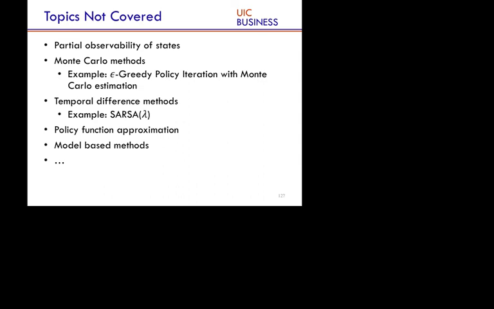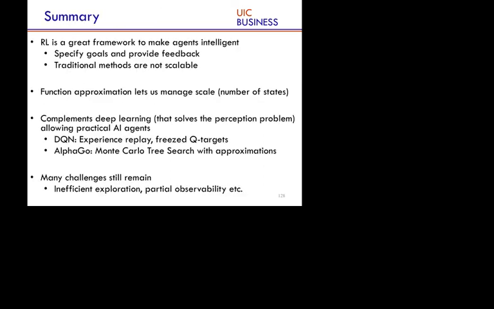Even SARSA is a model-free method, but there are model-based methods, which just means that through experience they reconstruct the model of the environment. They will reconstruct the transition probabilities and the reward functions. And once they reconstruct that, they can do planning, as in solve the MDP using value iteration or some different class of algorithms. Okay.